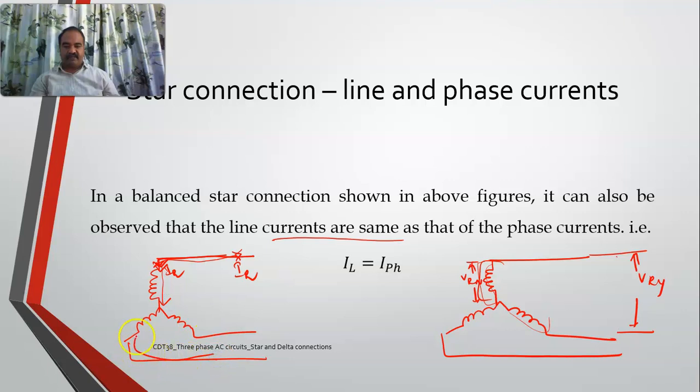Here, IY will be flowing in the entire Y phase, and in the B phase, the entire current will be flowing. And the sum of all currents must be equal to 0, because at this point, by nodal analysis, all are incoming currents, and the summation must be equal to 0. And also, most important thing, line currents are the same as phase currents. This happens only in star connection.